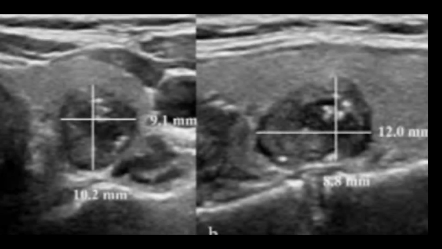Another criteria for the U5 malignant nodule would be its length. Its anterior-posterior length would be greater than its mediolateral length, so its medial and lateral length would be reduced as compared to anterior-posterior. It would be taller, not wider.